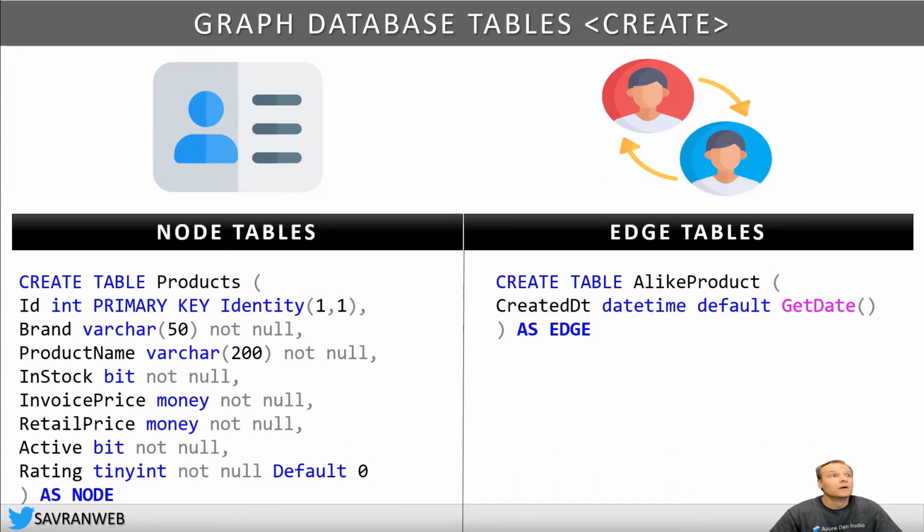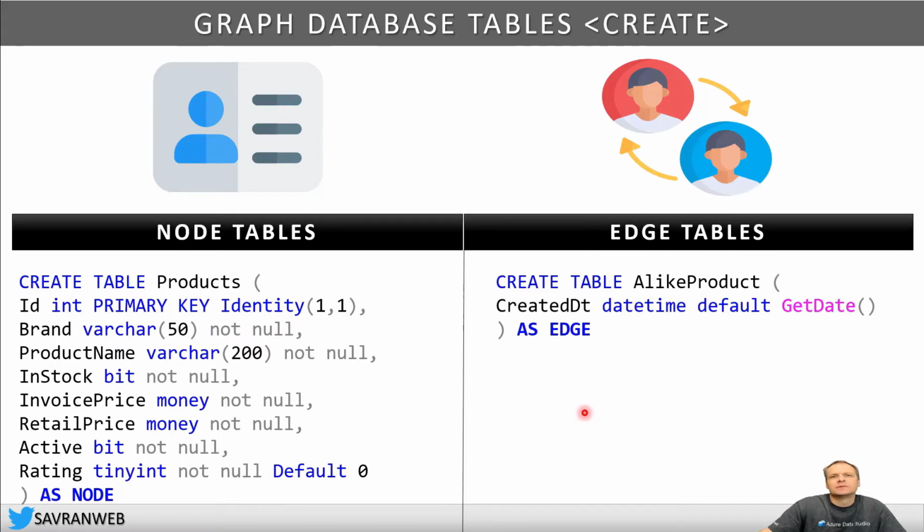And as you can see, we don't even define the node ID or anything like that, because everything is getting created automatically in the backend. So really the only difference here is the "as node". This is it. That's all the syntax you need to know to make a node table.